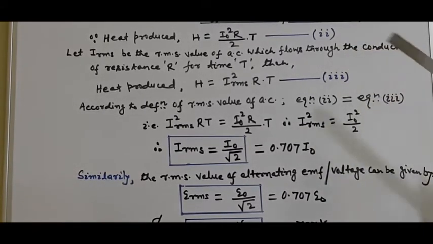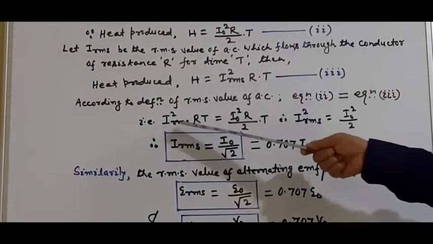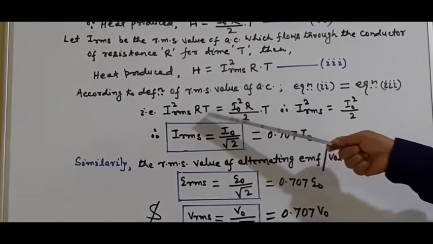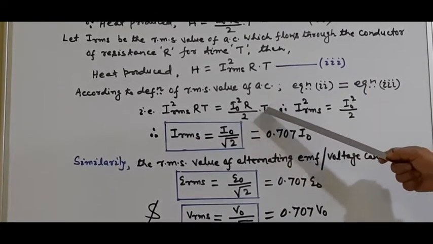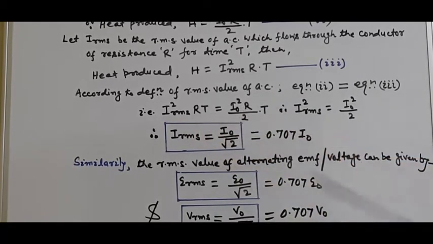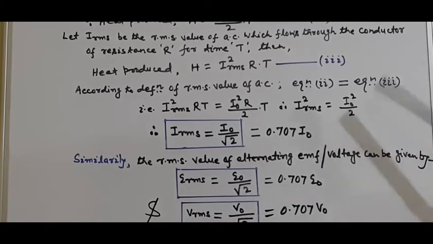So both equations will be the same. Equation 2 is equal to equation 3. So here I square RMS R T is equal to this one, I naught square R T by 2. So this T and T will cancel out, R will cancel out. Then I square RMS is equal to I naught square by 2.